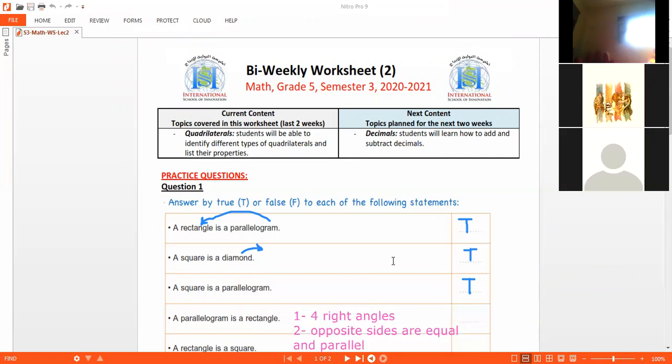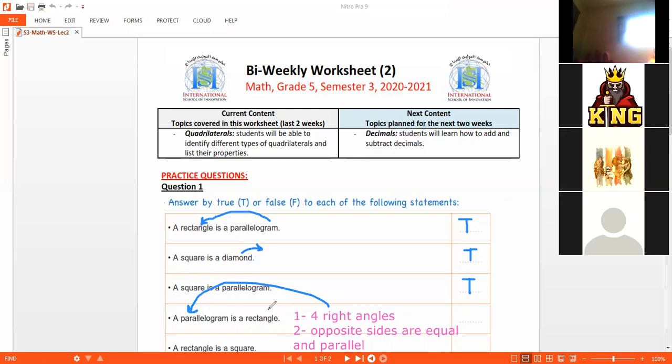Let us start with the first one. 4 right angles. Is it found in the parallelogram? No. So we can't say that a parallelogram is a rectangle. But its opposite sides are equal and parallel. But I need all the properties to be found in the parallelogram, not only one of them.